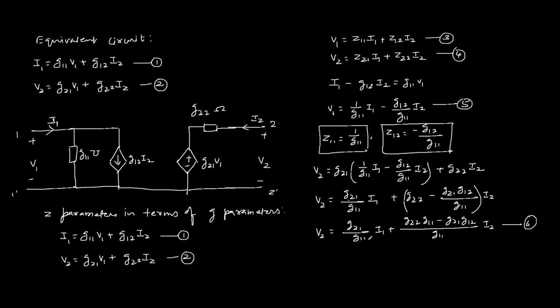Now this is equation 6. Equation 6 has V2, I1 and I2. Equation 4 has V2, I1 and I2.